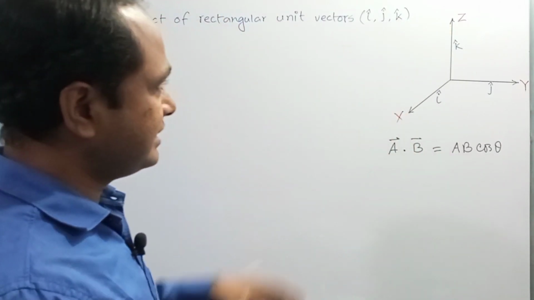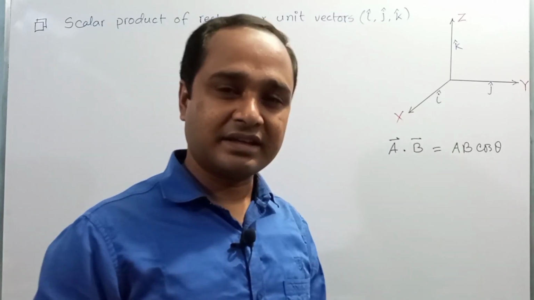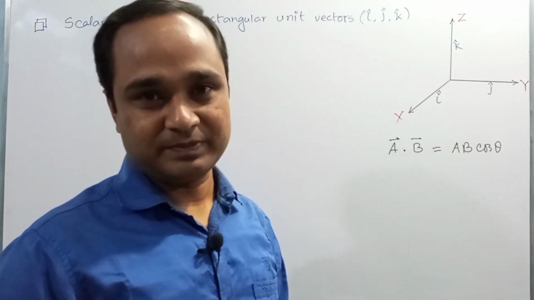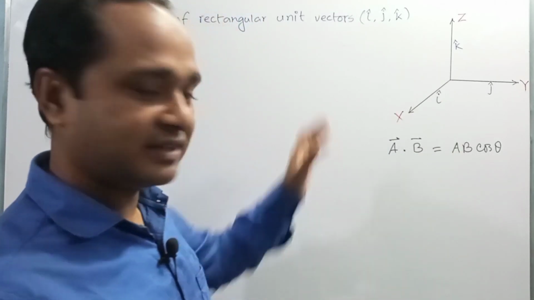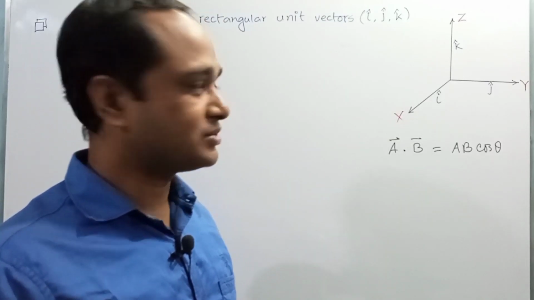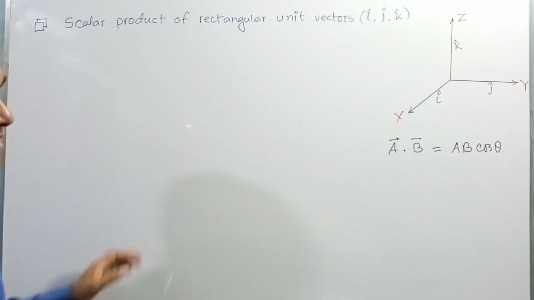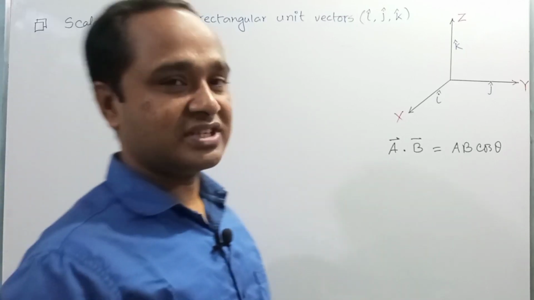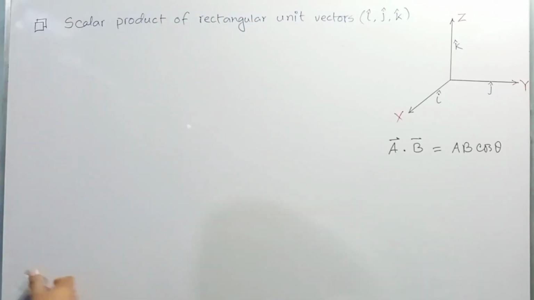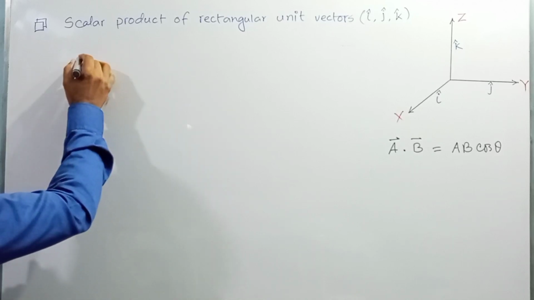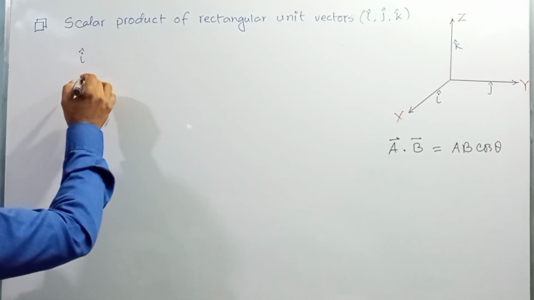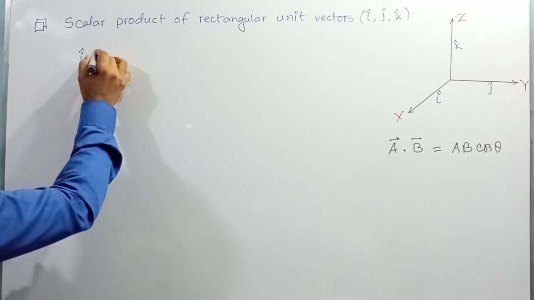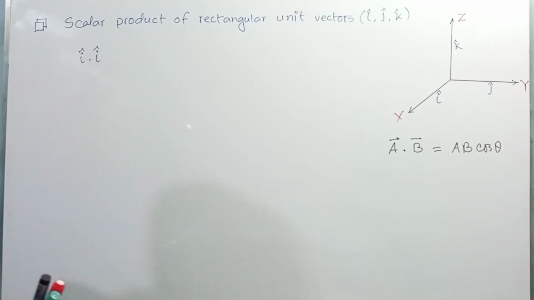Dear students, here i, j and k are also vectors, though their magnitude is 1. So we can get the dot product of i, j and k. If we would like to multiply i dot i, what will be the result?